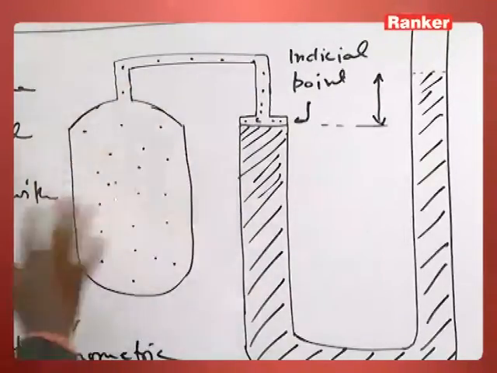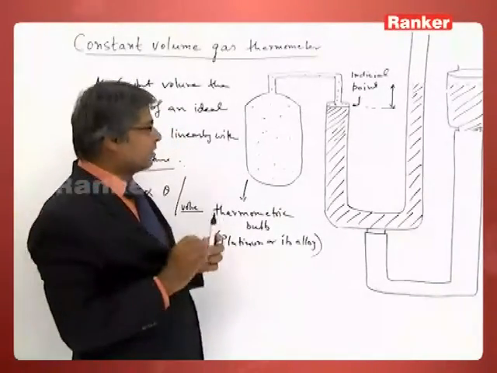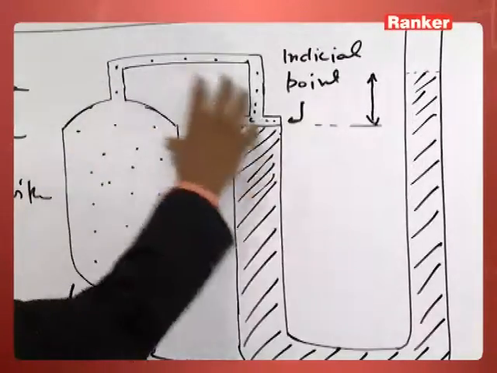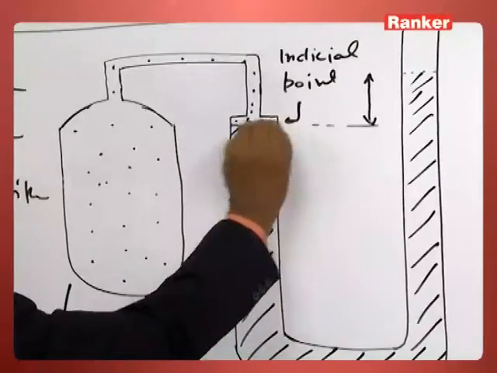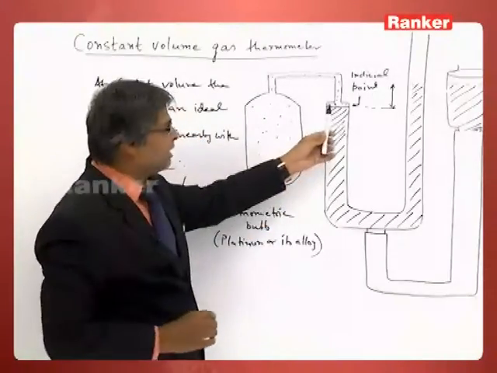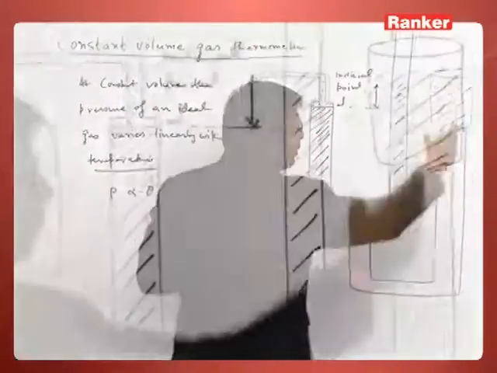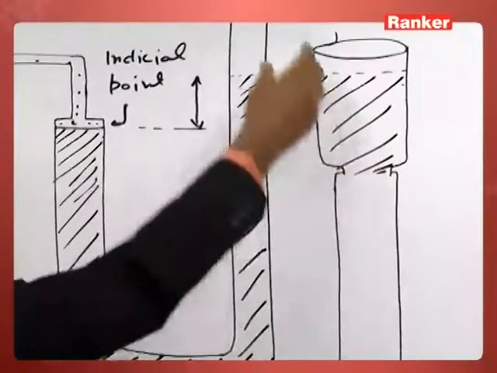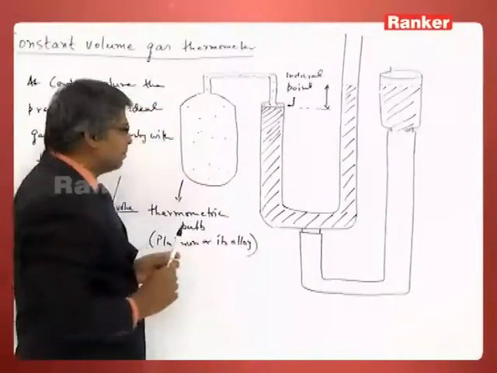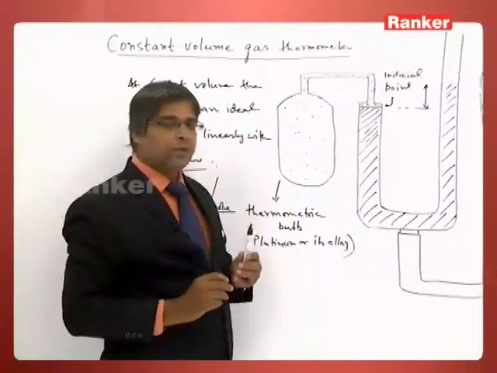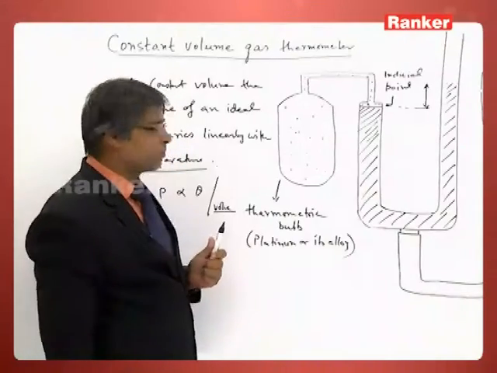So, that we always keep the volume constant. In order to make this volume constant, this mercury should always coincide with this initial point, which can be adjusted by making up and down movements of the reservoir. In this way volume is kept constant.